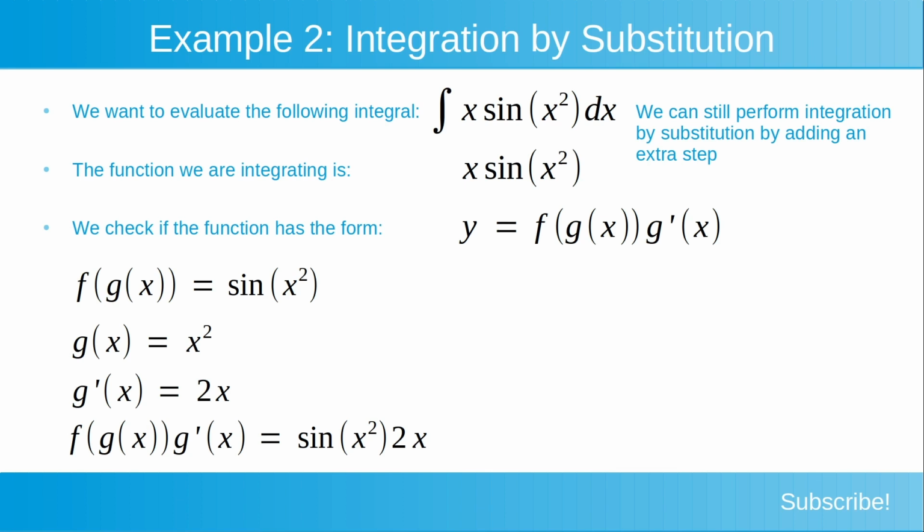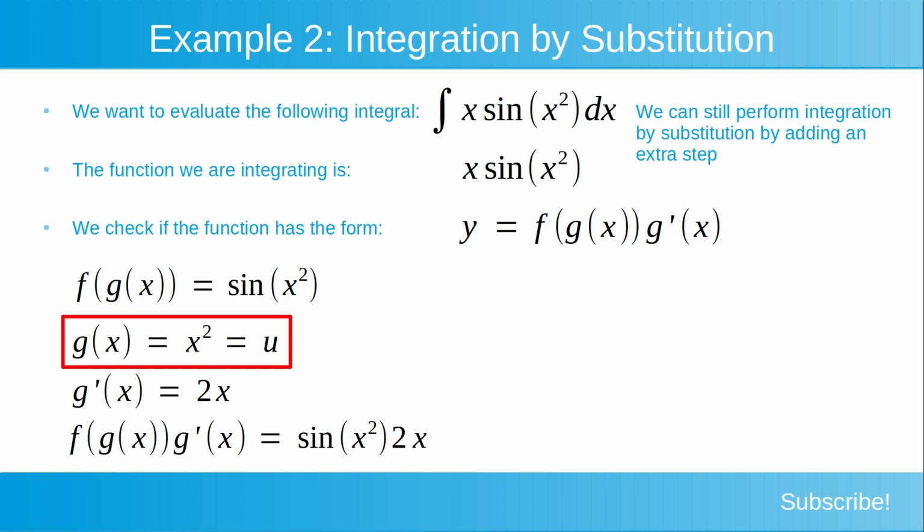Initially, we still proceed as normal in working out our u substitution for the function g of x. So we're going to substitute the variable u for the function g of x. So we're going to set x squared to be equal to u.